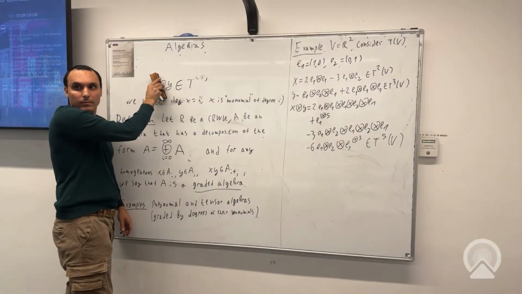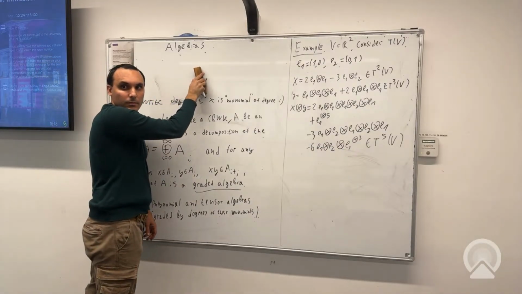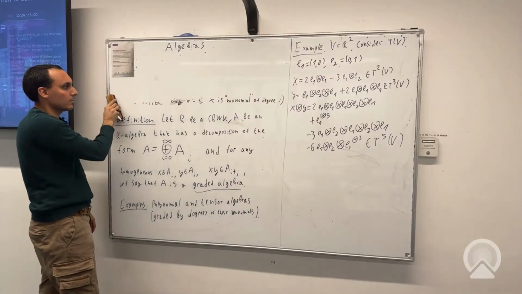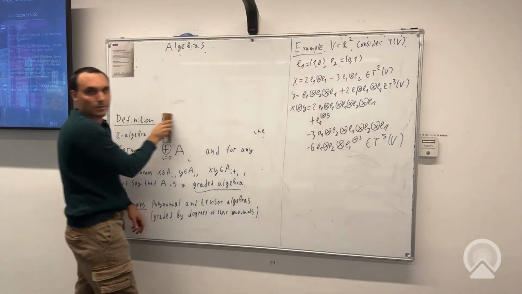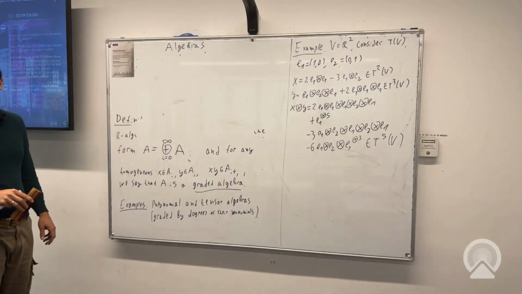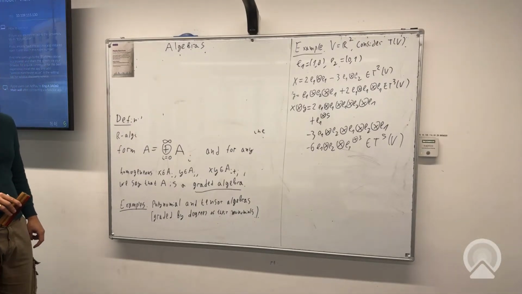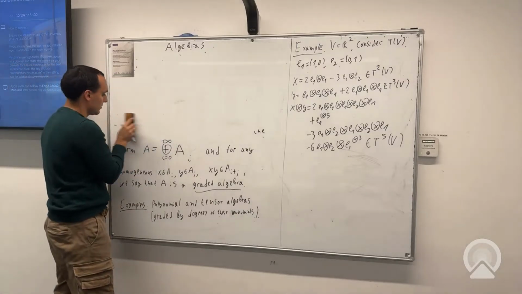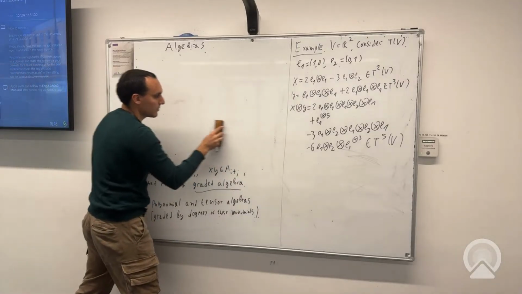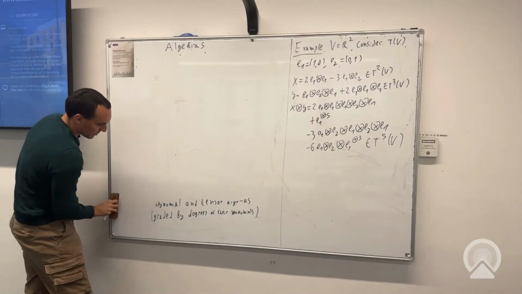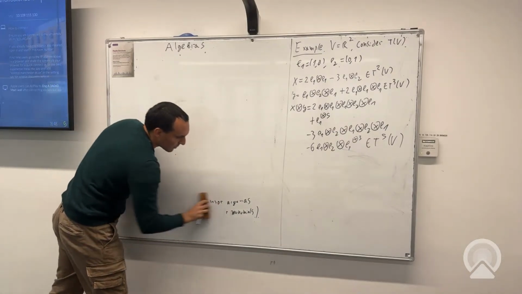I think some things are very different for everyone. This clarifies that each of these is a new object. E1 is an object, E2 is an object, two different vectors of the basis, but then E1 cross E1 is a completely different object.